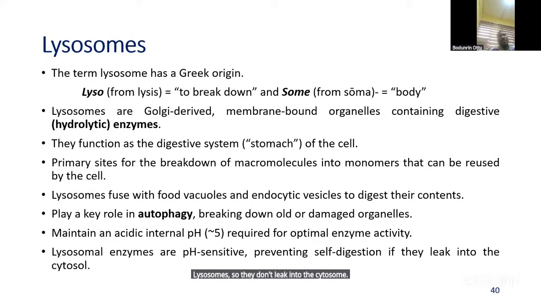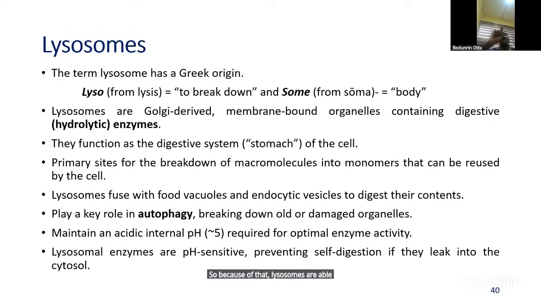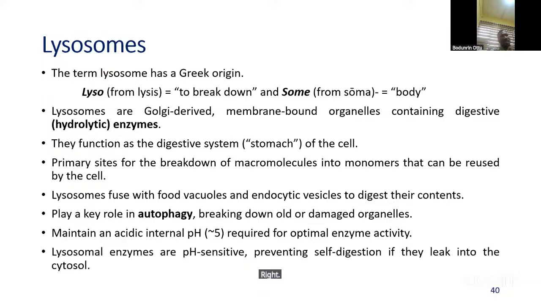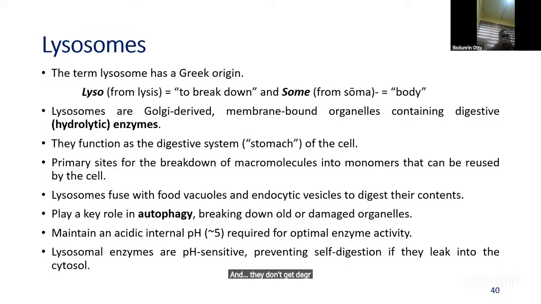The pH of the cytosol is 7.2, which is around neutral on your pH scale. Because of this, lysosomes are able to remain in the cytoplasm or the cytosol, and they don't get degraded by their own lysosomal enzymes.